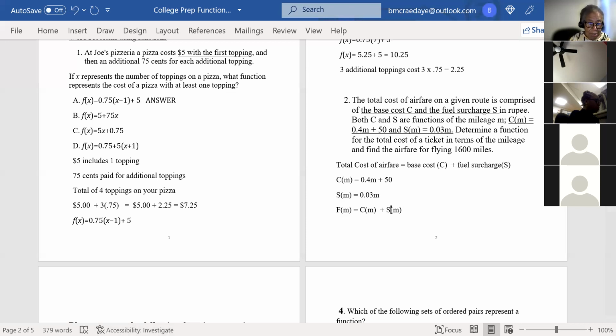So let's do that. Let's take the F of M. That's the total cost. That's the output. Now C of M is 0.4 M plus 50. So I'll just take this and put that in for C of M, substitute.